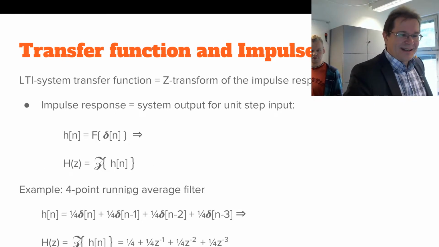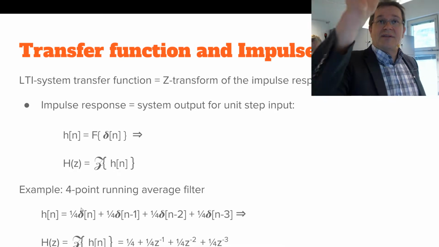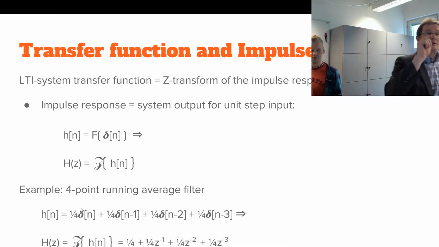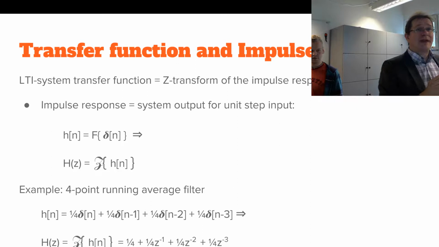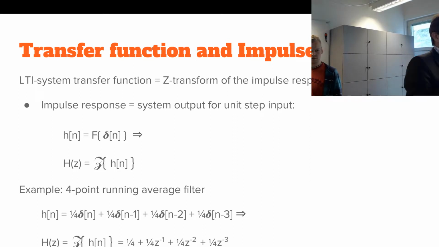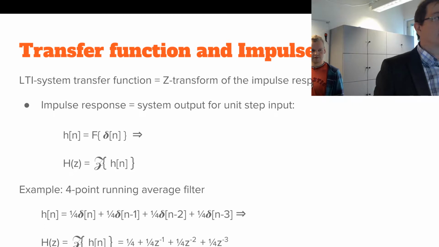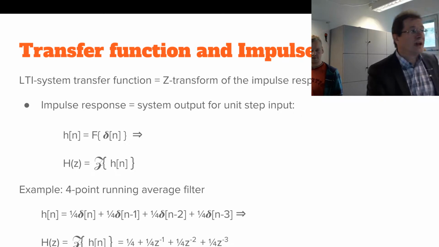And that actually means that if we have this running average filter again, then instead of x, we get the impulse response by putting delta instead of x, and then we do the z transform of that one, and we'll find out that it's quite simple to make this transfer function too. It's simply the z transform of those delayed weighted delta functions.